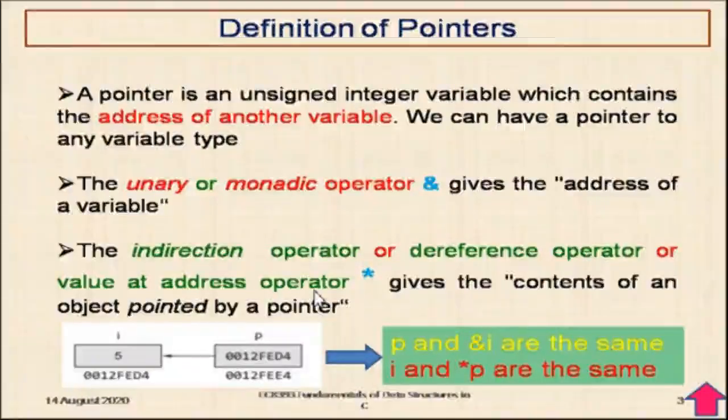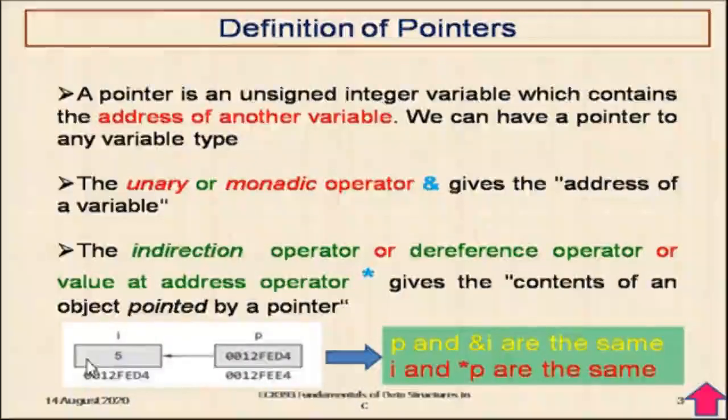This operator provides the contents of an object pointed to by a pointer. That means the star is called the data at address operator. The star will get us the data which is available at the given address. That is the meaning of this statement: contents of an object pointed to by a pointer.